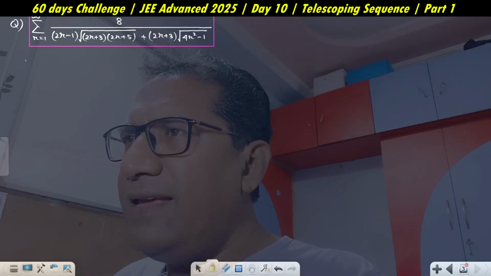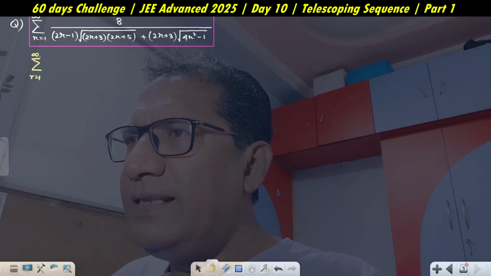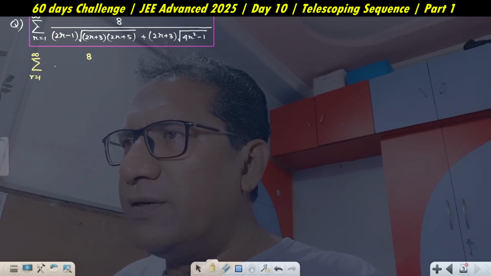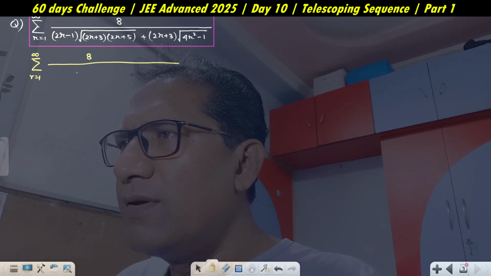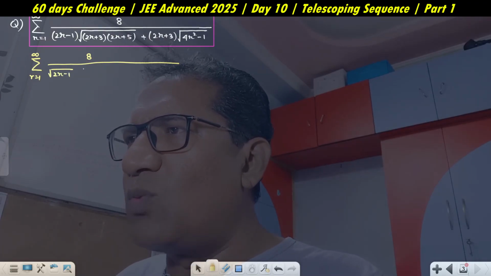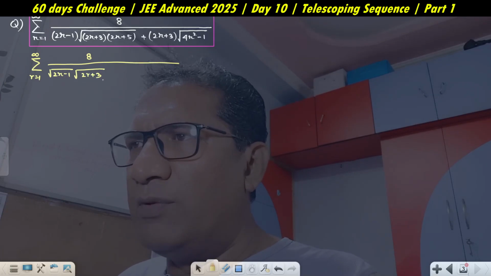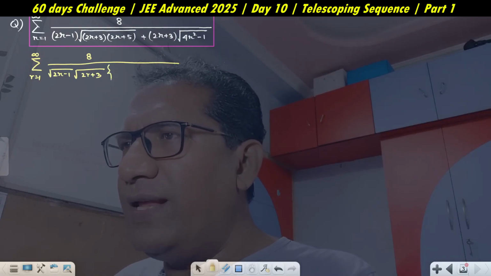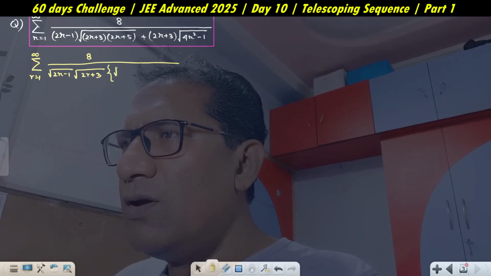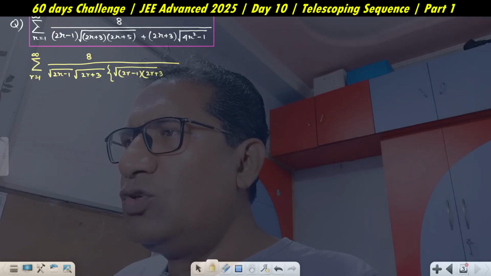Here we can see that there are some terms which are common. We can find that root over of 2r minus 1 can be taken common. At the same time, root over of 2r plus 3 can be taken common. So we are left with root over of 2r minus 1, 2r plus 3.